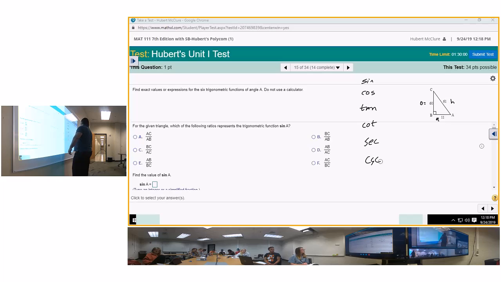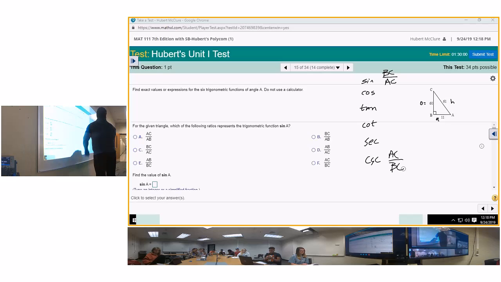So sine is going to be BC over AC, and cosecant is AC over BC, and so on. My cosine is going to be AB over AC, and secant is AC over AB.